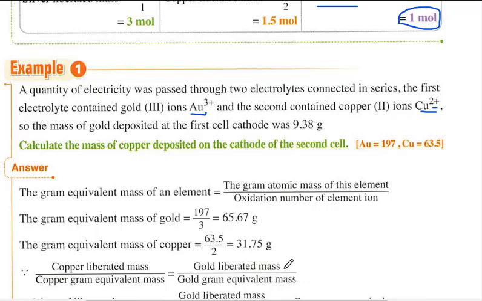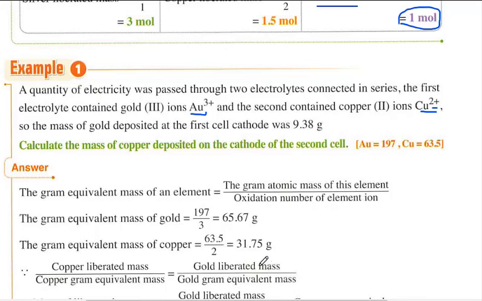So we have the deposited mass of the first cell, which is gold, and the equivalent mass of gold we calculate from the atomic mass over 3, and that of copper, the atomic mass over 2, which is the number of charges. So here the copper liberated mass is required. The equivalent mass of copper can be calculated from this relation, and the gold liberated mass is given here, and the equivalent mass of gold can be calculated.